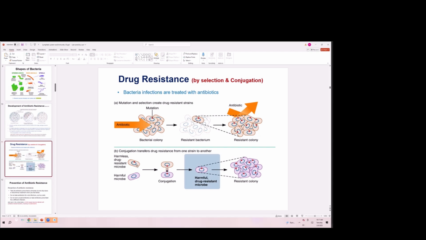But when harmless bacteria stick around with harmful ones, imagine this one is harmless and resistant to an antibiotic. This one is harmful but not resistant.